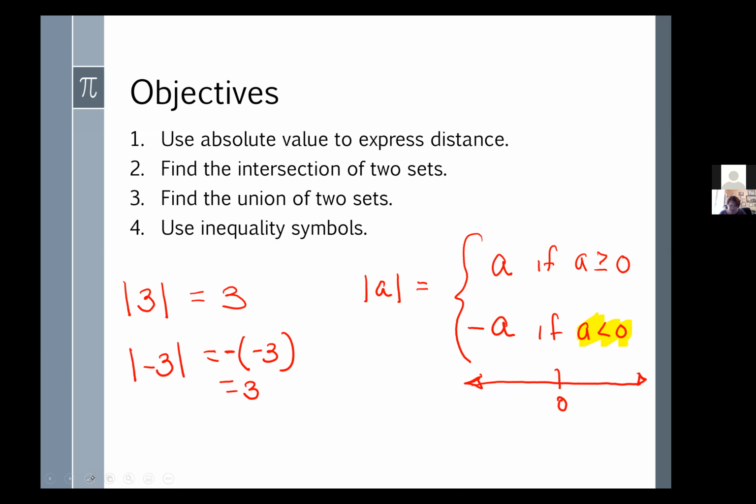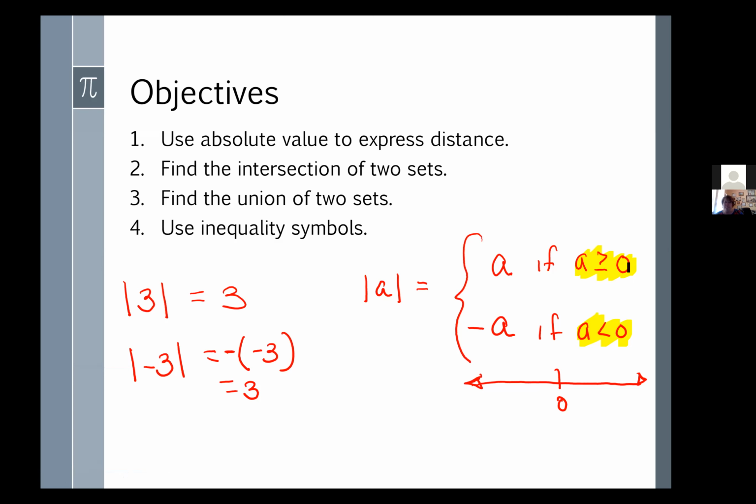And I probably should talk about the other inequality I wrote up there. The other inequality I have is greater than or equal to 0. And what's that mean? I have A with an arrow pointing to the right, and I have a bar underneath it. So the arrow part that points to the right says you're greater than.